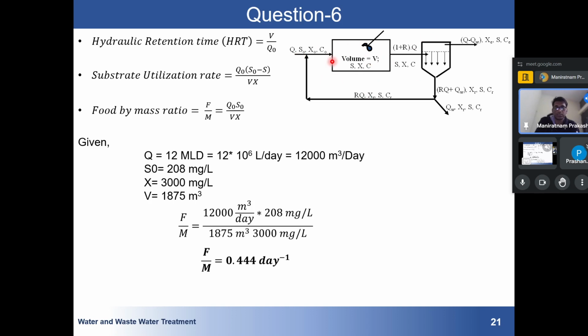Consider this as your control volume. The mass in will be Q into X0, the mass out will be (1 plus R) into Q into X, and there is some kind of reaction, that is degrading with first order. Obviously the organic matter is degrading via first order reaction.